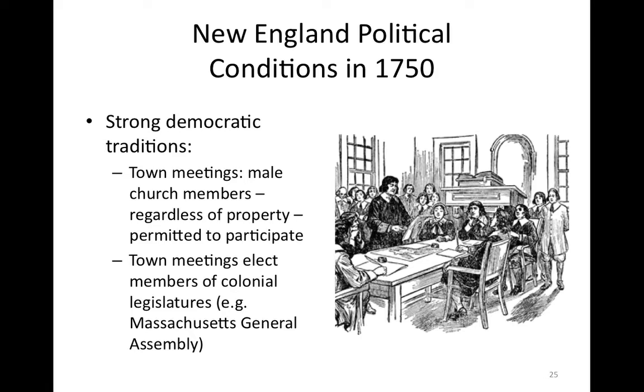A relatively very democratic institution. Those town meetings would elect members of the colonial legislature. So, for example, the Massachusetts General Assembly, the members were elected by the town meetings. So the tradition of greater democracy in New England than anywhere else in the British North American colonies continues into the 1700s.